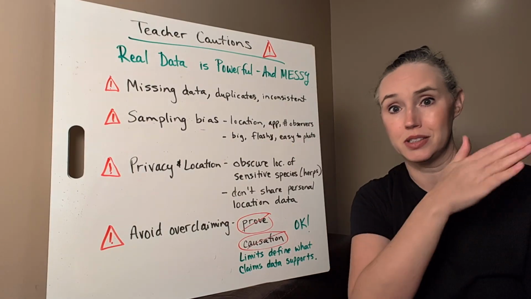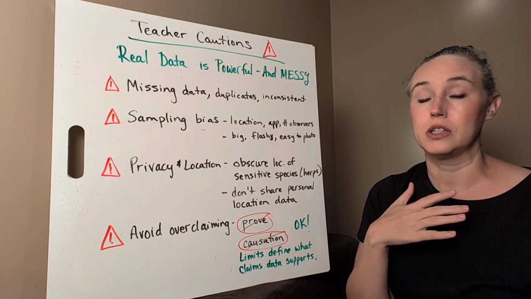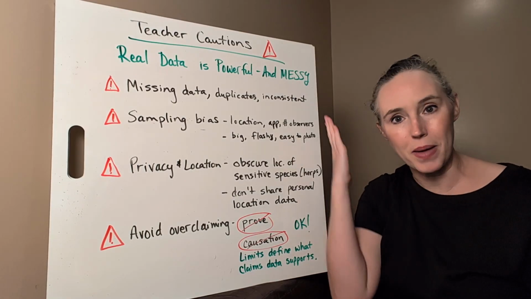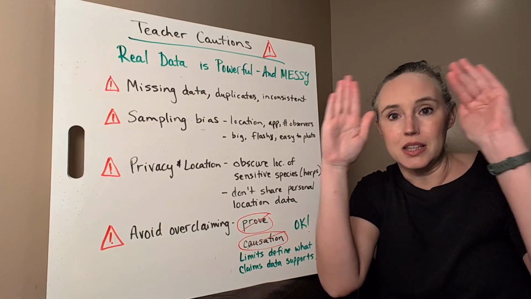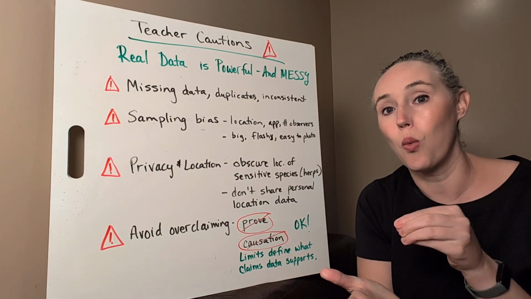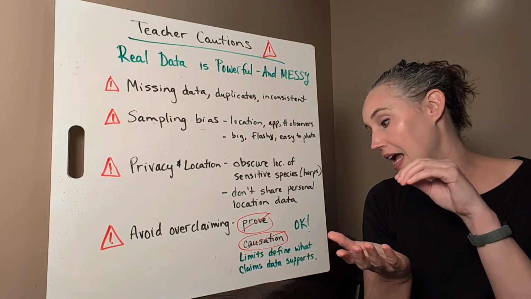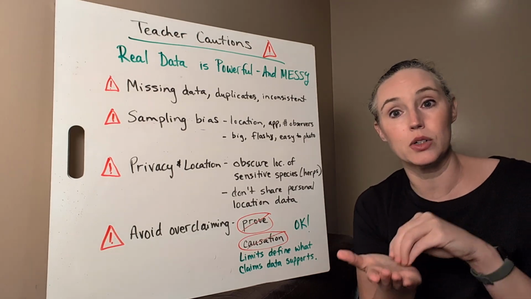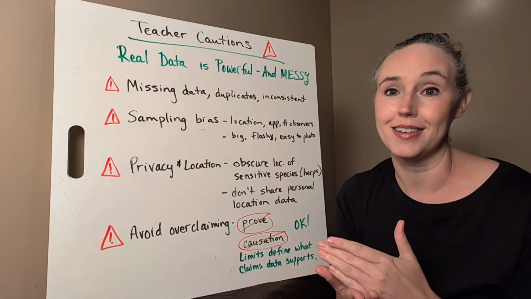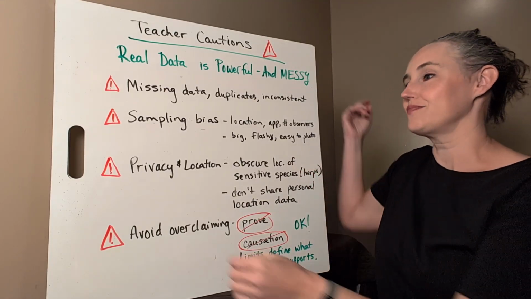You can't say this causes this. And that's actually really okay and good, because having messy data, the limitations help you and the students to define what evidence, what claims their data actually does support and where the evidence is lacking, which is amazing.